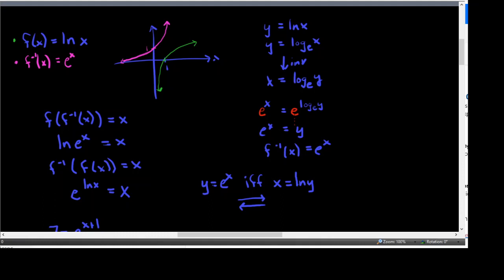As x approaches negative infinity, so as the pink graph goes off to the left, e to the x heads toward y equals 0. So the limit of e to the x as x approaches negative infinity is 0. And as you go off to the right, the limit of e to the x as x approaches infinity is infinity. The y values on the right just increase without bound.